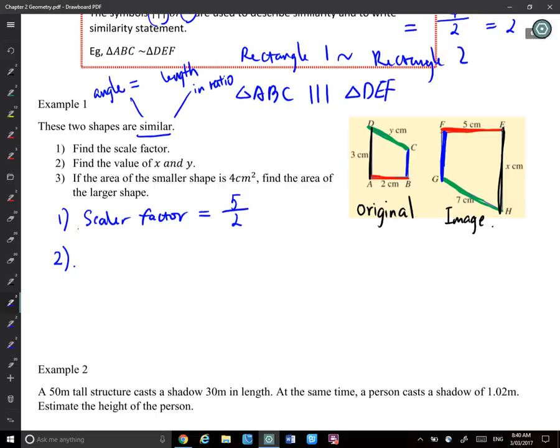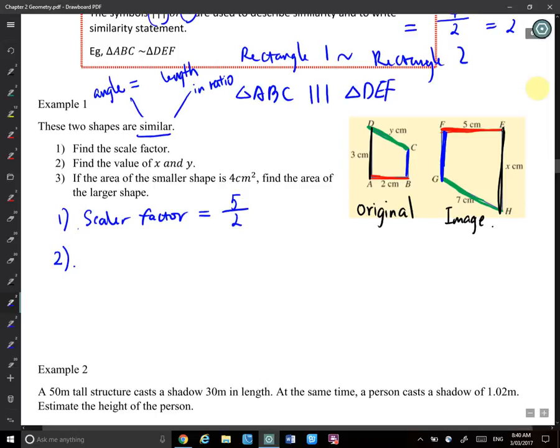How should we find that? If we have the scalar length factor already, we can use that ratio to find all the other pairs. So let's see the green pair. The green pair is 7/y. That will give you the scale factor, which I already know is 2/5.